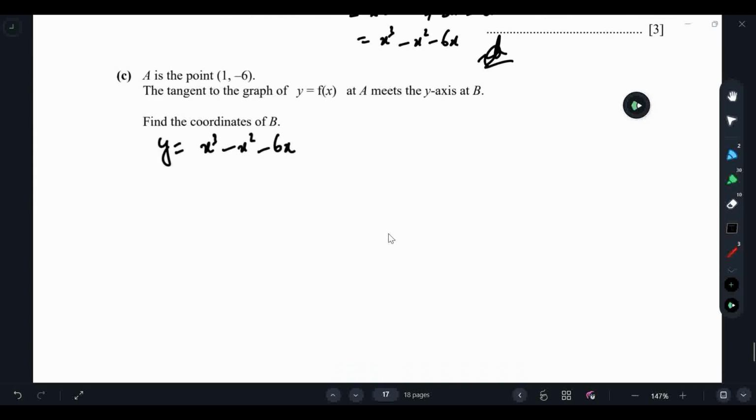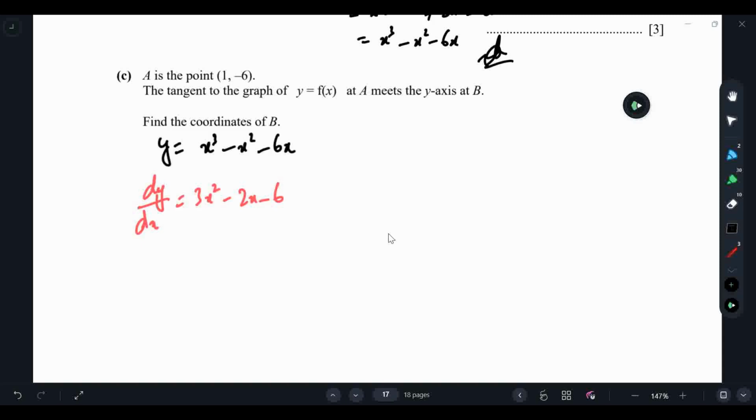Whenever we have to find the equation of any straight line, first we need to find the gradient. So dy by dx will be equal to 3x square minus 2x minus 6.